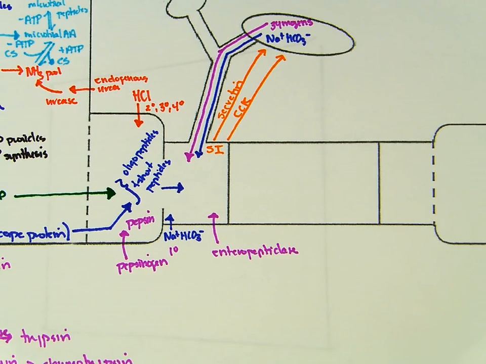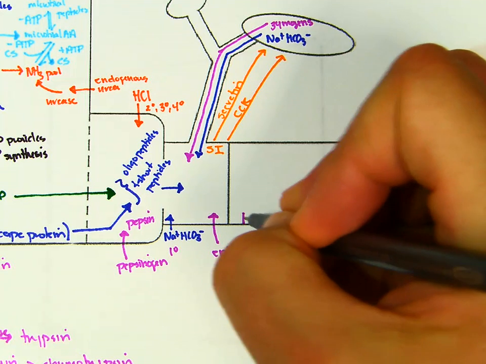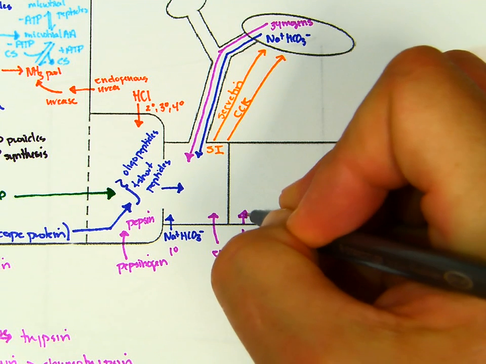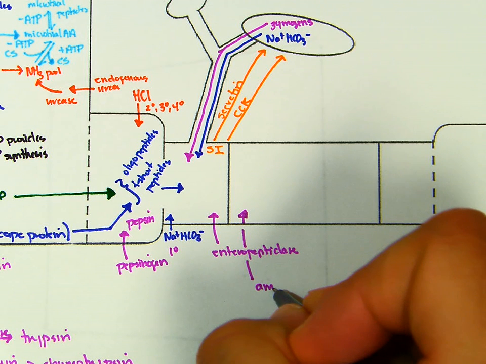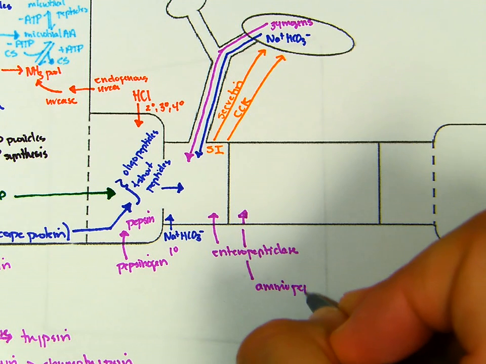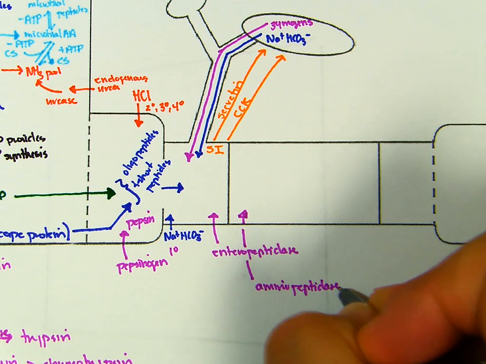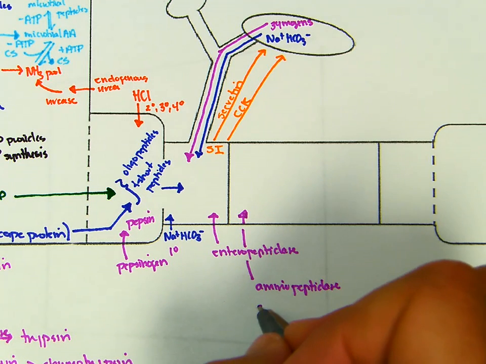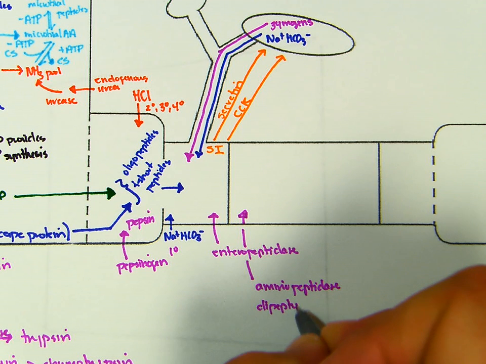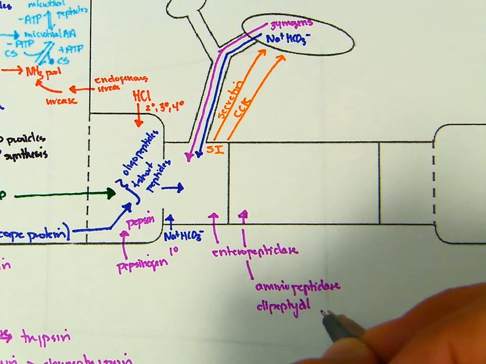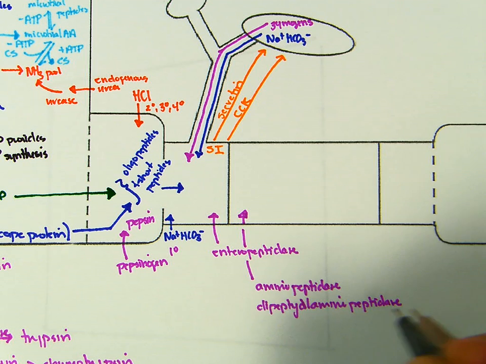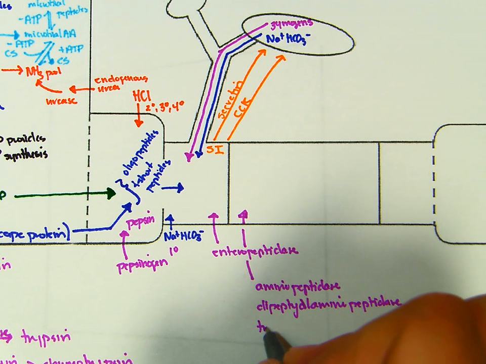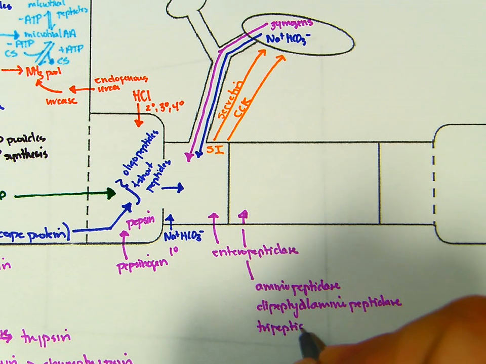Okay, we have 3 other enzymes that are secreted by the small intestine. And those 3 additional enzymes would be aminopeptidase, dipeptidyl aminopeptidase, and last but not least, tripeptidase.